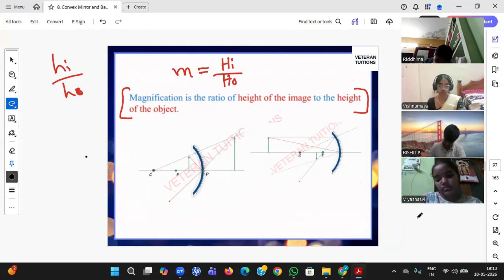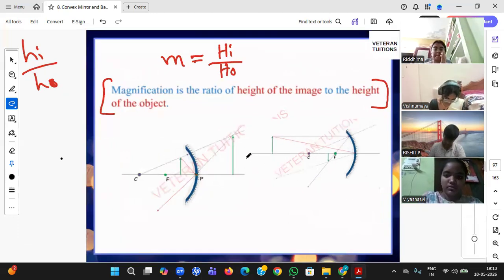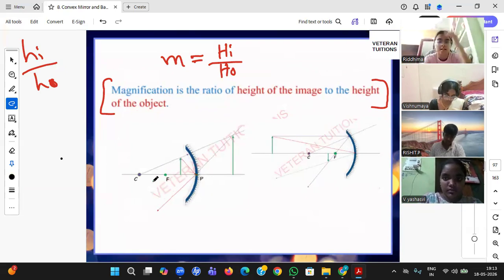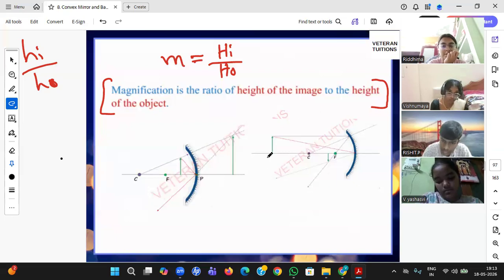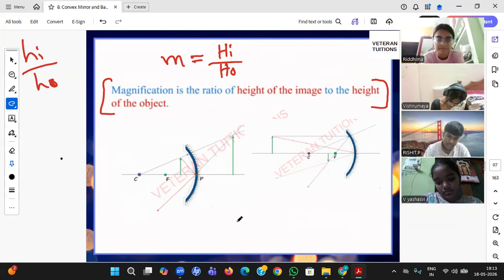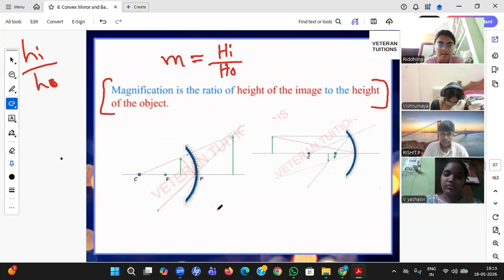Ridhima, you can see the two cases I took here. Now in this case, is the image enlarged or diminished? Enlarged. Here, is the image enlarged or diminished? Diminished. In which case is it magnified? The first case.